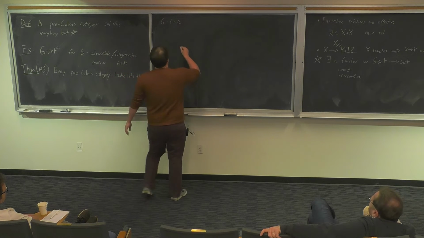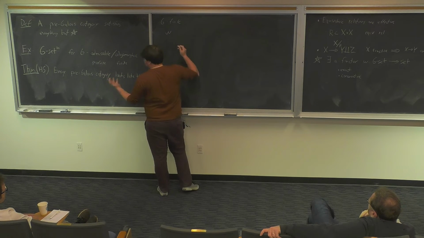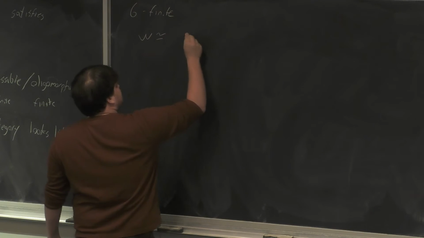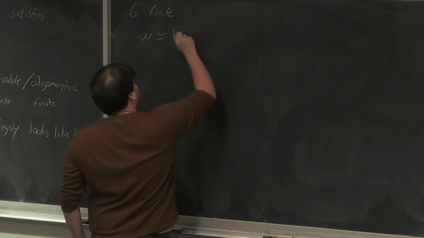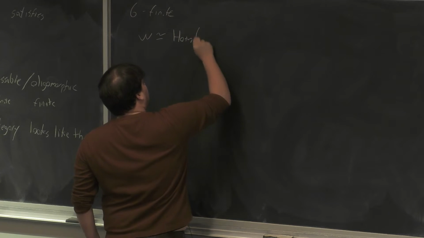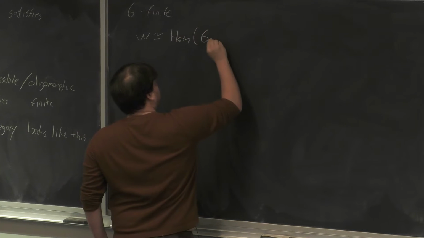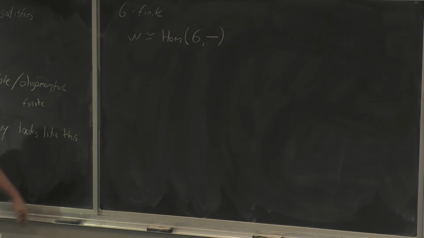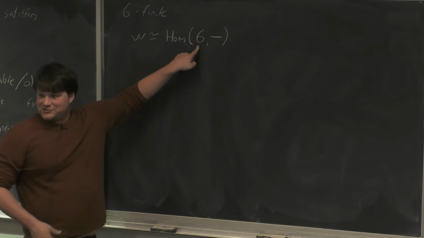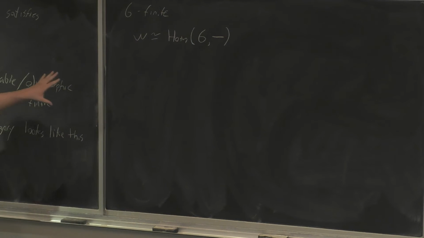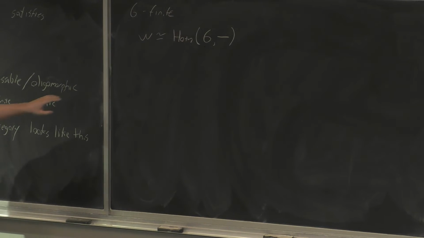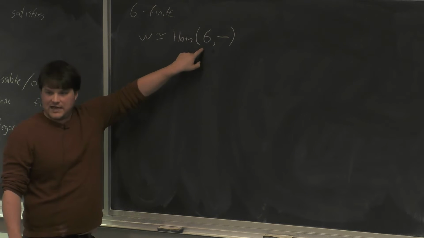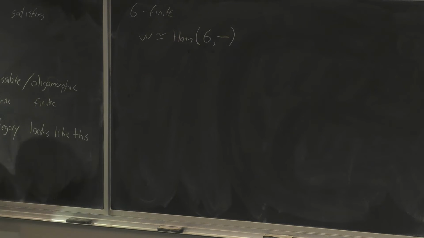We can also realize it, or one choice of it, is to take Hom from G. If I think of G as a G-set for itself, then I can realize the fiber functor as a Hom set internal to my category.